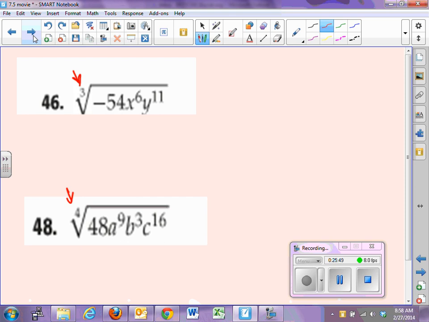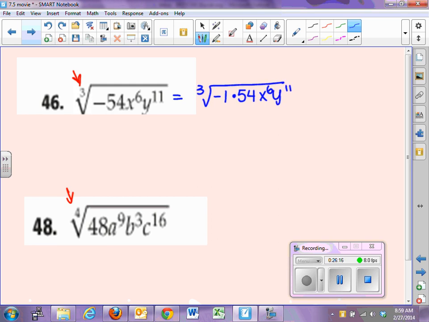All right, let's look at these. I'm going to show you the tree method when you're trying to take the cube root of negative 54. I'm going to first rewrite it this way because sometimes the negative gets me confused. So I'm going to make this the cube root of negative 1 times 54 times x to the 6, y to the 11.